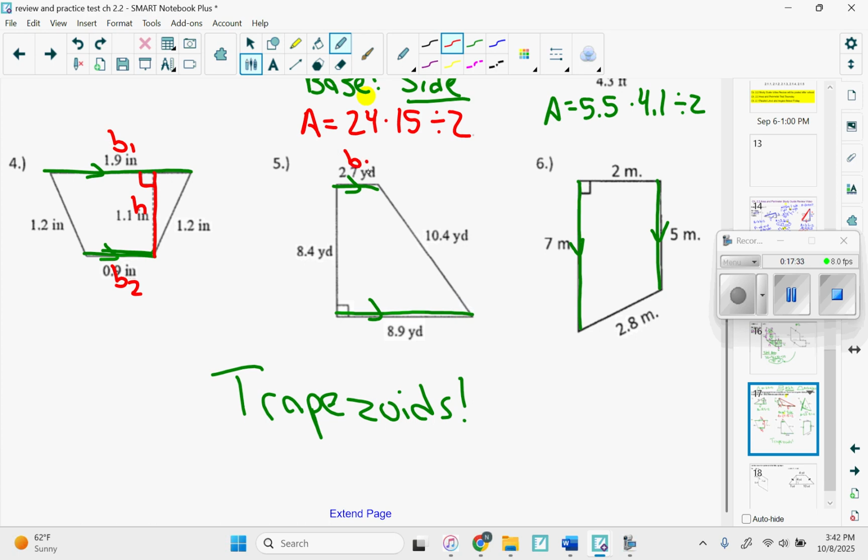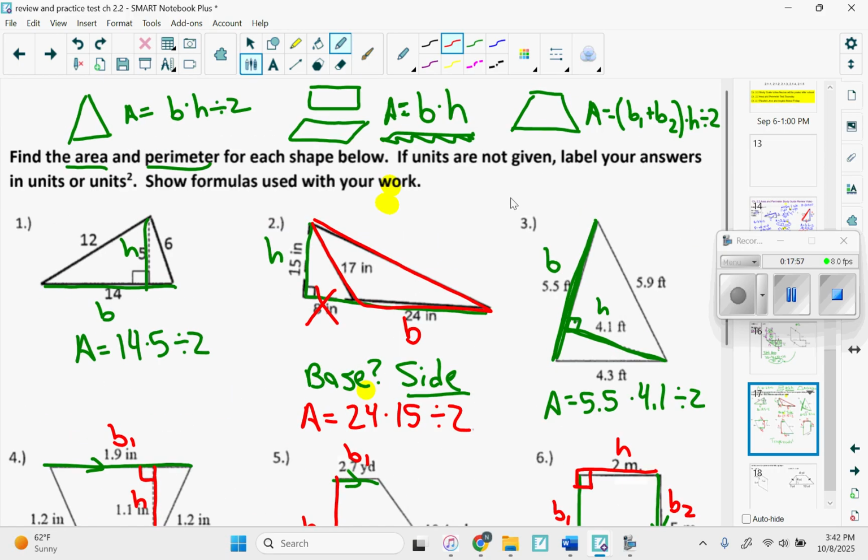So base 1, base 2, height at a right angle, just like our other problems. Base 1, base 2, and height at a right angle. So if you correctly identify your base and your heights, then it's really easy to plug them into our area formulas to get our answers.